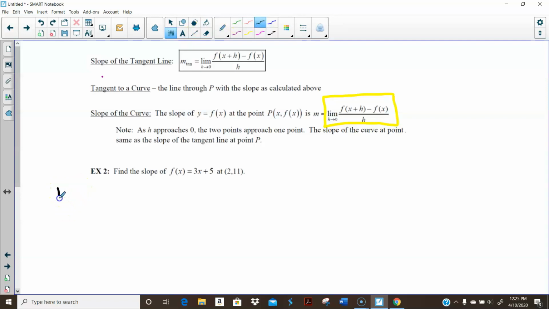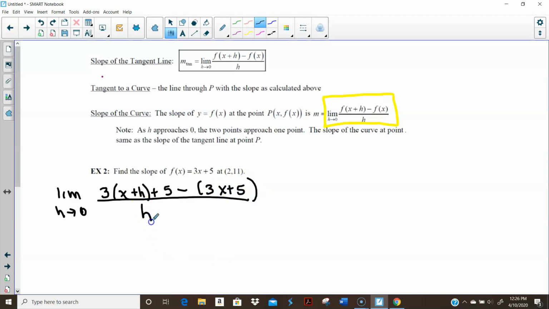I have the limit as h approaches 0, and then f of x plus h. Everywhere I see an x, I'm going to put in x plus h. We've worked on this all year. So I have 3 times x plus h plus 5. Then I'm going to subtract f of x, and f of x is 3x plus 5. Make sure you put the whole thing in parentheses.